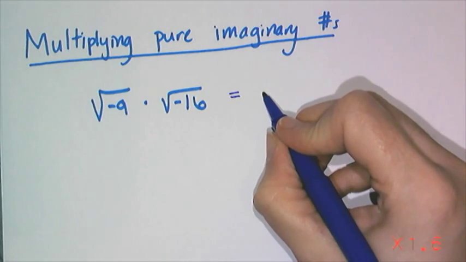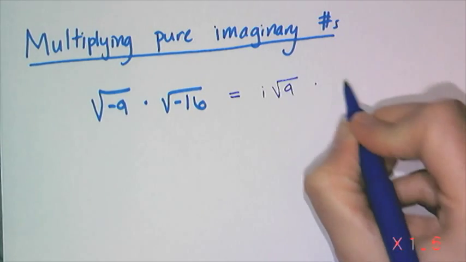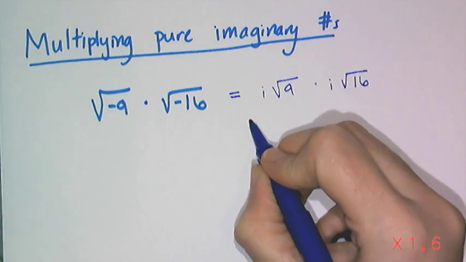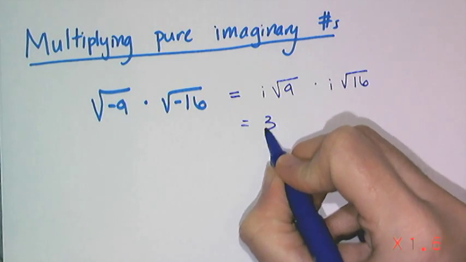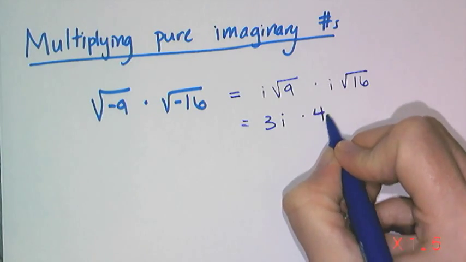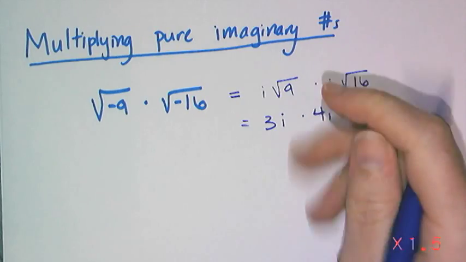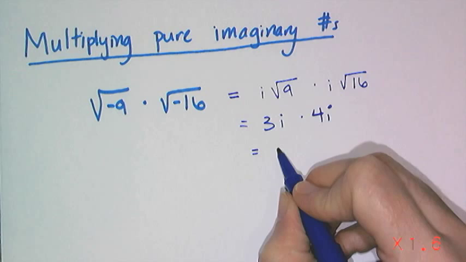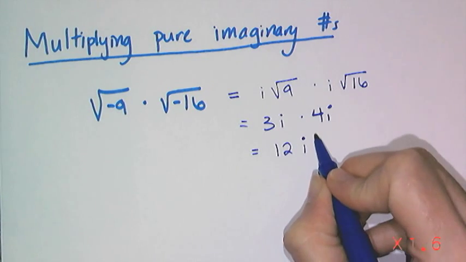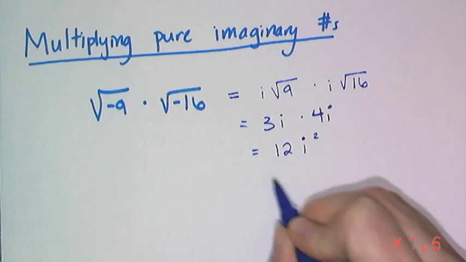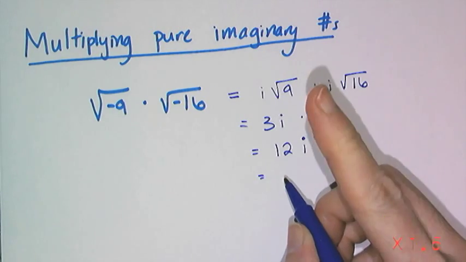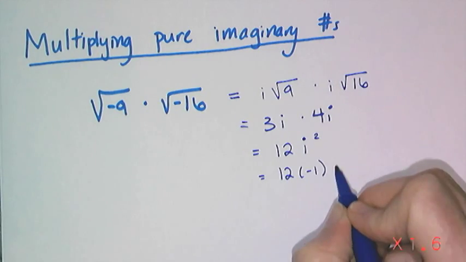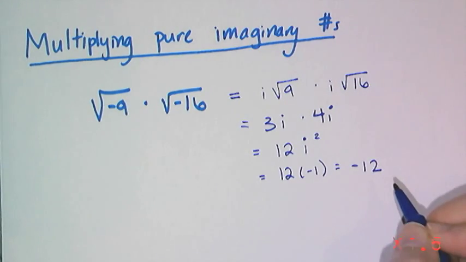So i root 9 times i root 16, which gives us 3i times 4i, because root 9 is 3 and root 16 is 4, and then I multiply 3 times 4 and get 12, and then I get an i times an i, which is i squared. And remember, the definition said i squared was -1, so this is 12 times -1, or -12.